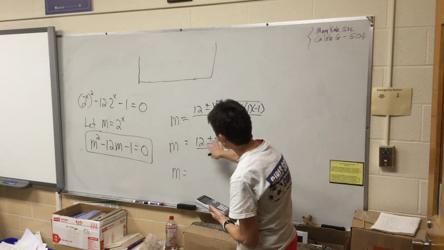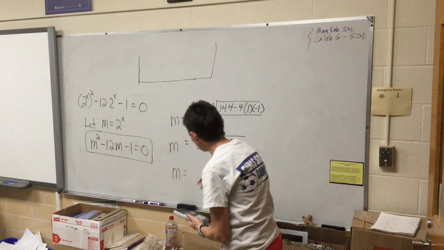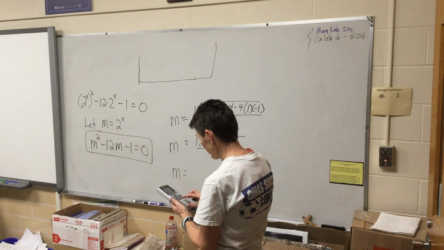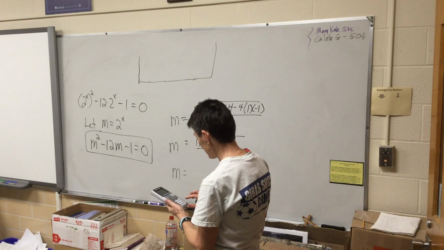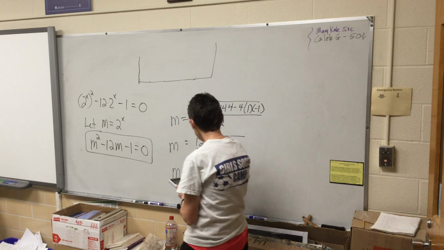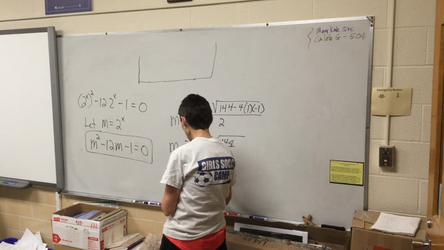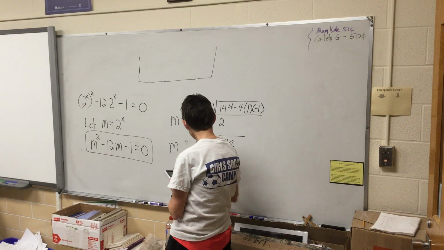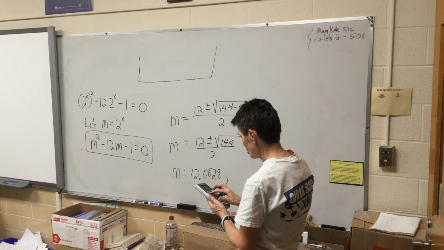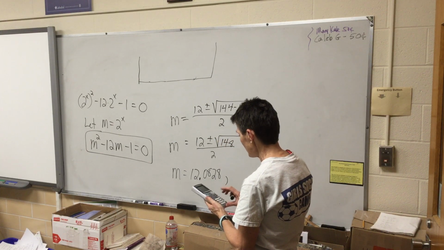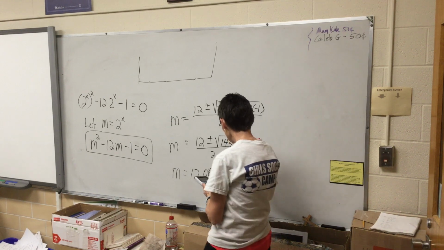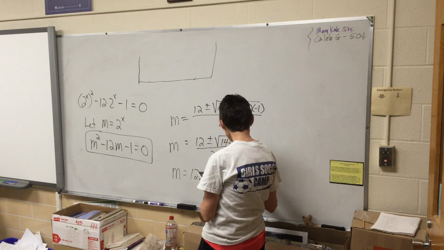I know that simplifies, don't worry about it, we need the decimals. So 12 plus the square root of 148 equals, divided by 2, you should get 12.0828. 12 minus the square root of 148 equals, divided by 2, negative 0.0828.